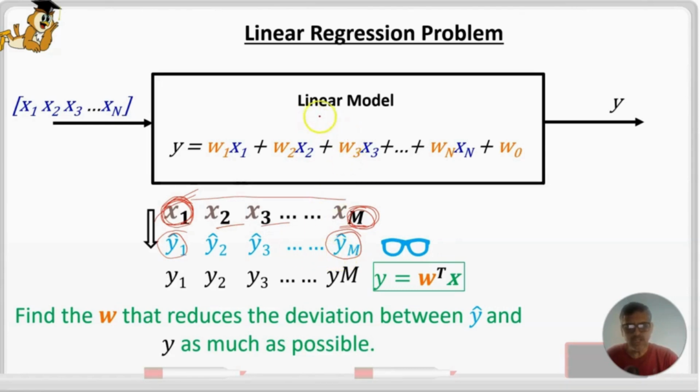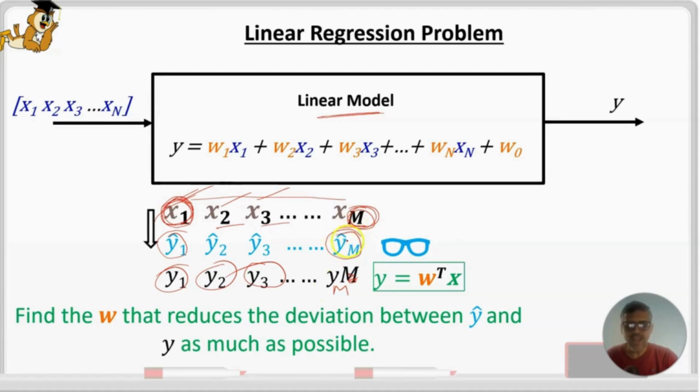If you constructed a linear model with some values of w, and if you gave these vectors x1, x2, x3, etc. as inputs to that linear model, let us say your computed outputs, not observed, were y1, y2, y3 and so on up to ym.